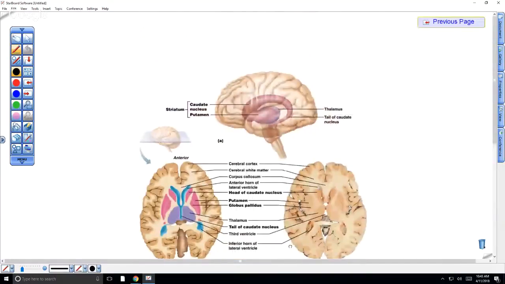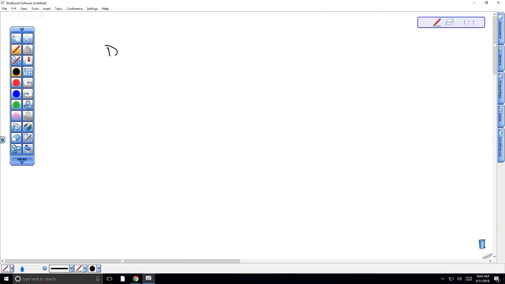Okay, so the next thing that we're going to talk about is what is referred to as the diencephalon. Remember, we talked about embryonically how the diencephalon and the telencephalon together make up the forebrain.